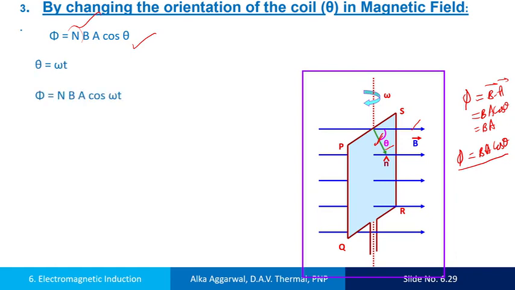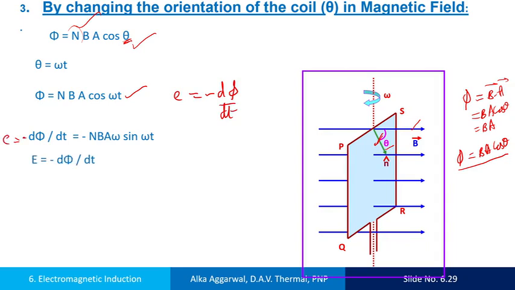Now theta is equal to omega t. Put the value of theta. The equation becomes NBA cos omega t. As you know, EMF is equal to minus d phi by dt, so we differentiate it to get the EMF.